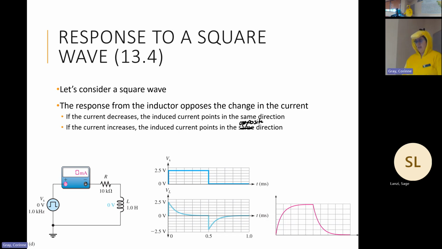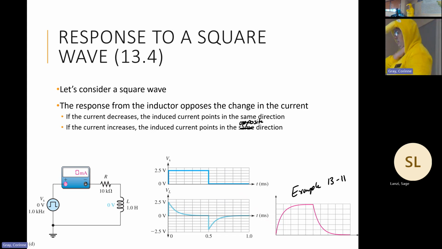Or no, not 13.8. Sorry, 13.9? No, where's this image from? Okay, this is from example 13.11. For this one, we're using the equation I keep thinking is on the next slide. It'll show up eventually.